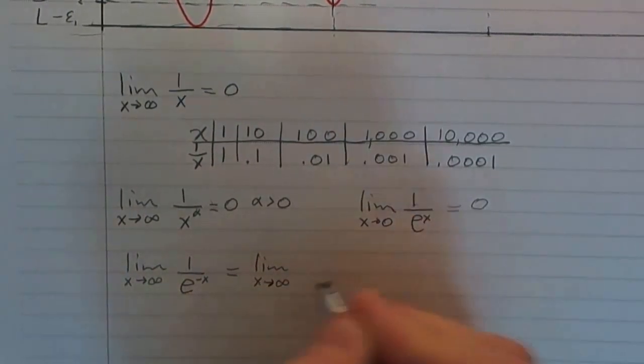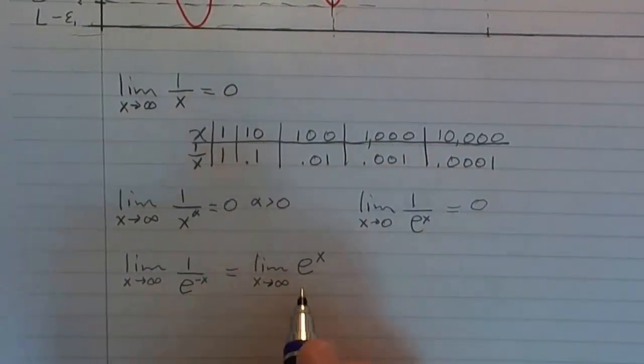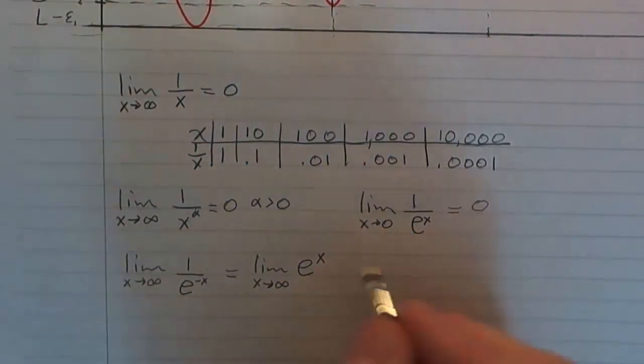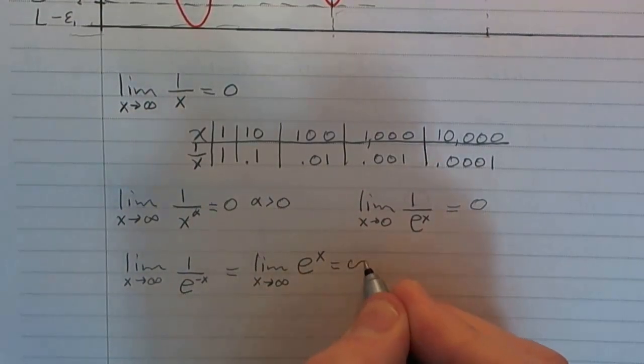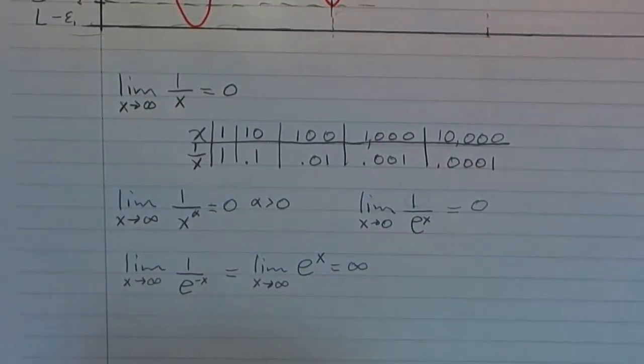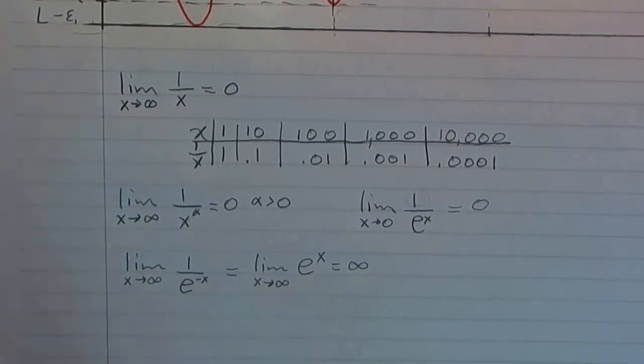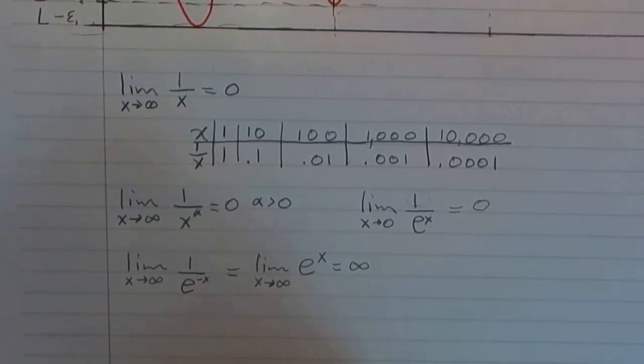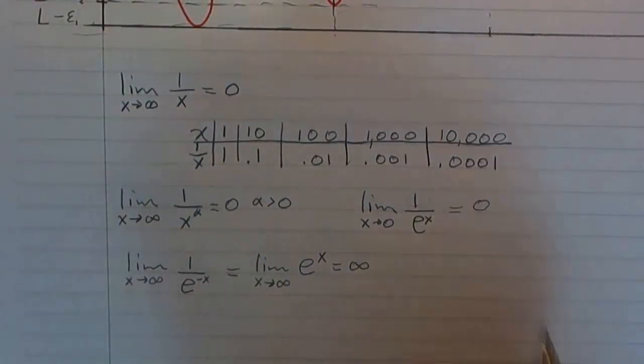As you go to infinity, you've got e to the x. Well, that certainly doesn't go to 0. That just explodes. That gets large. Let's just denote that as going to infinity. It gets larger and larger and larger and just completely blows up. So you have to be careful. You have to make sure that you're looking at it correctly, because if you look at 1 over e to the negative x, it's a different situation.